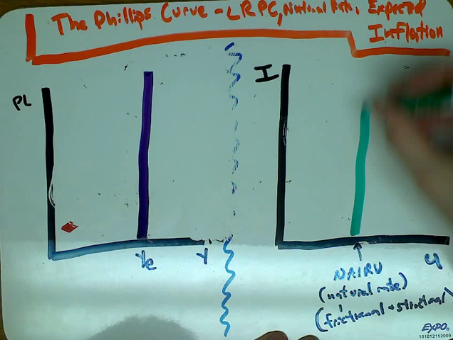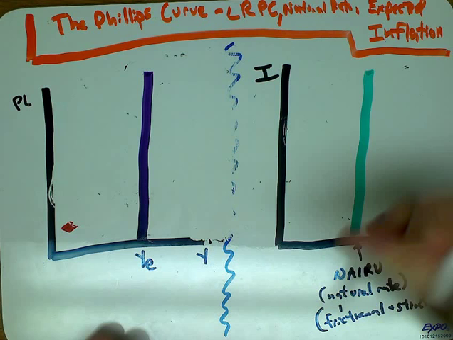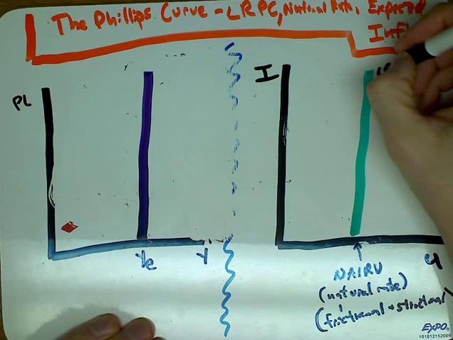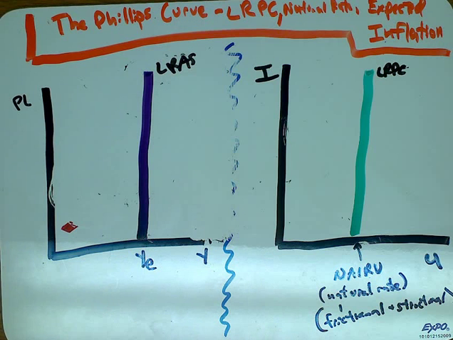The only way to improve this natural rate of unemployment, or the non-accelerating inflation rate of unemployment, is to move the long-run Phillips curve, or as we know, because they're mirror images of each other, to move the long-run aggregate supply curve. And so go back and think about in Chapter 9 when we talked about determinants of economic growth.